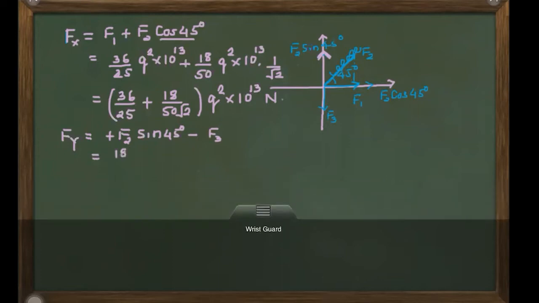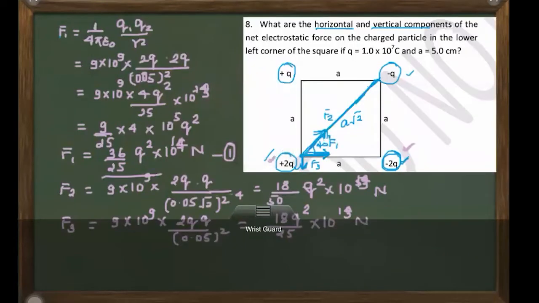It is 18 by 50 into q square into 10 raised to power 13 into sine 45, which means again 1 by root 2, minus, what was the value of F3? It is 18 by 25.